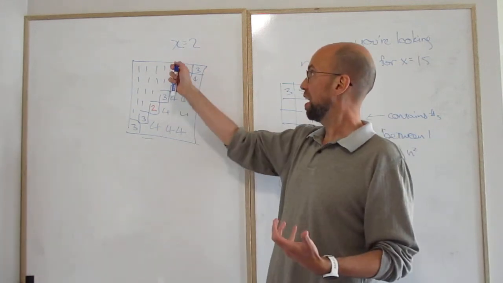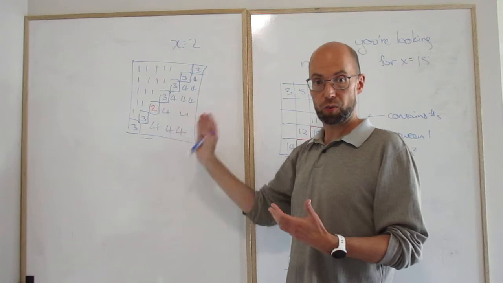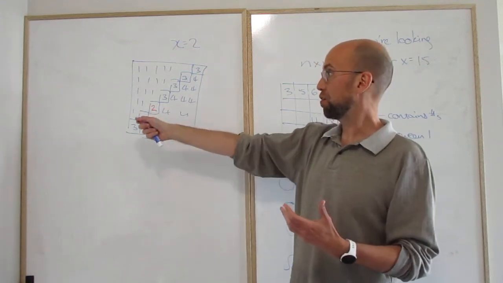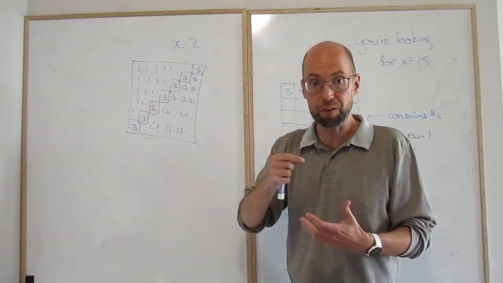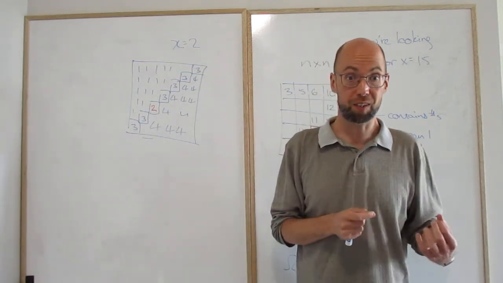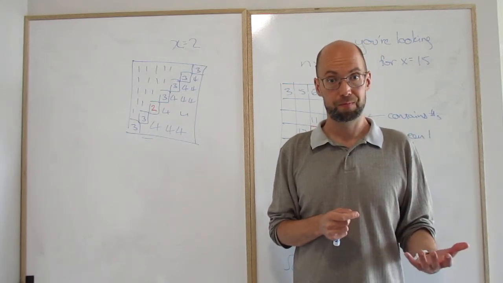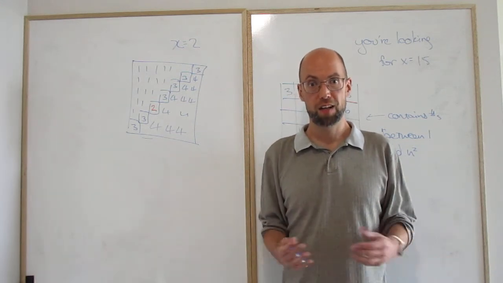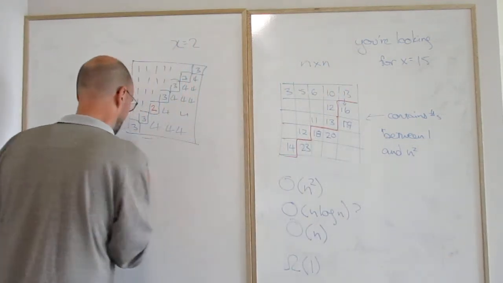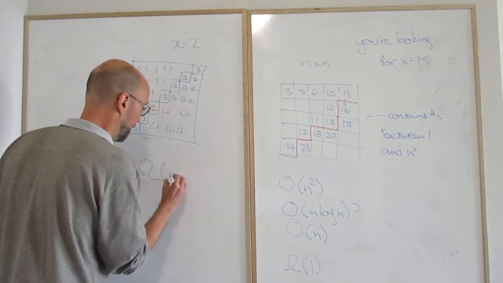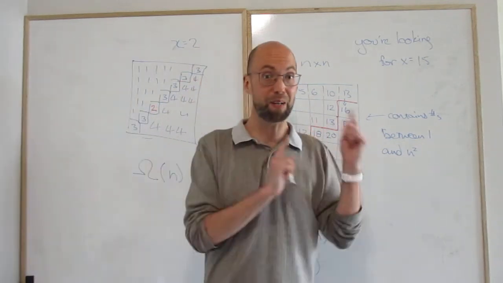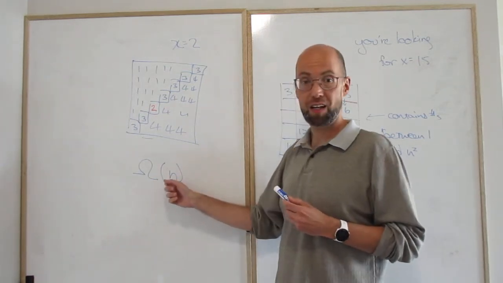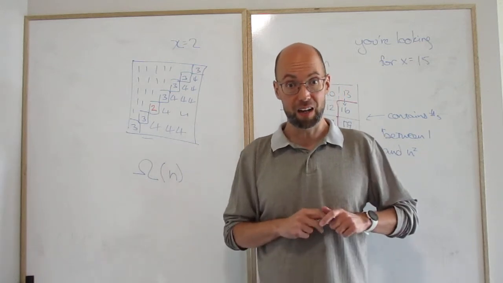So these are all sorted, right? Every row is sorted, every column is sorted. And if these are all threes, you have to look at every 3 to know that none of the 3s are a 2. So how many cells are there on the diagonal? N. So that's where we get this lower bound that says in the worst case, not in the best case, you have to check big omega of n.